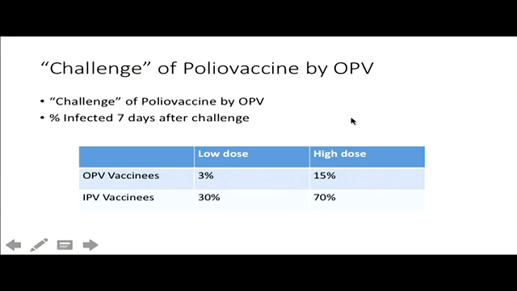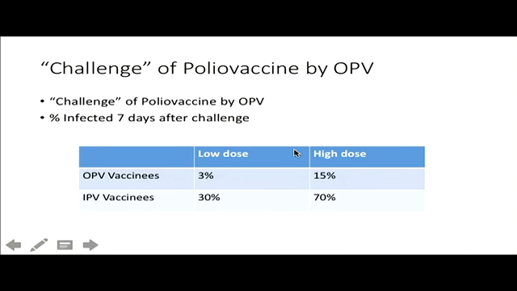And so here's an example with challenge of a polio vaccine by oral poliovirus. So here's using the live attenuated oral polio virus as actually a challenge strain.